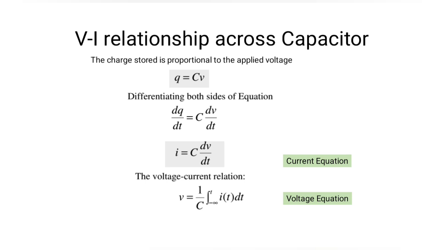And dq by dt is the change of charge with respect to time, which results in current. So I is equal to C into dV by dt. That's the current equation. And from this, we can arrive at dV equal to 1 by C into I dt. On integrating that dV equation to get the V, we get the voltage equation: V is equal to 1 by C integral I of t dt.